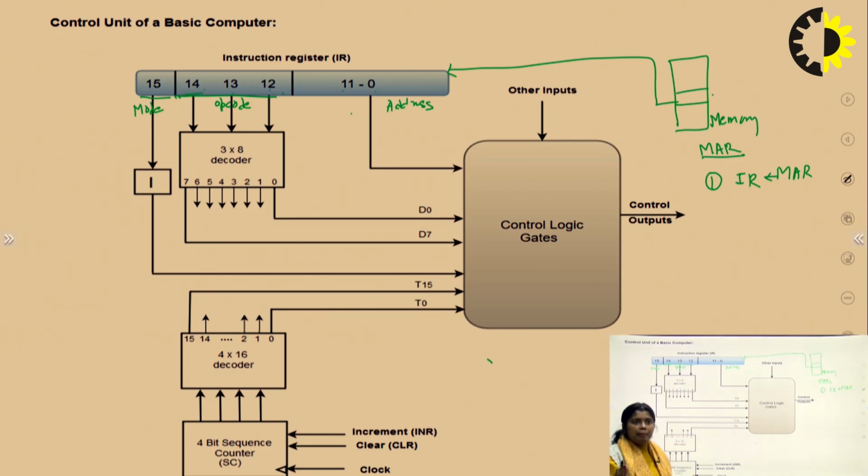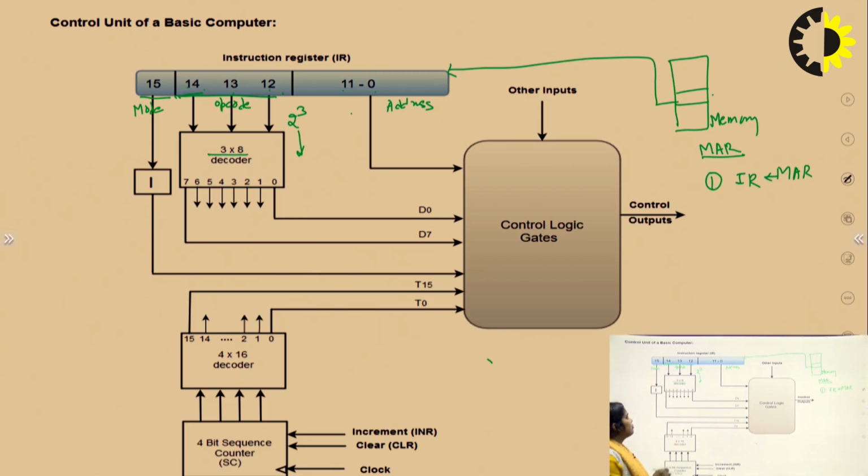So the total number of operations we can perform in this particular computer is only 2 cube, because the opcode is 3 bits. Only 8 operations, such as increment, decrement and so on, will be there. But we need more. That's why we are using here a 3x8 decoder.